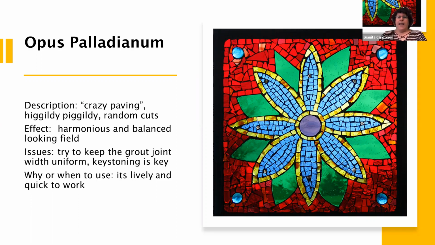I'm going to mention Opus Sectile in a little bit. That's the green leaves and the purple center in this. It's a whole cut piece, so you often see it looks more like a stained glass effect, where they're cutting the pattern pieces out and then laying them with a grout joint. It worked well together.